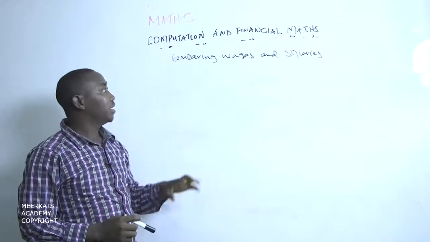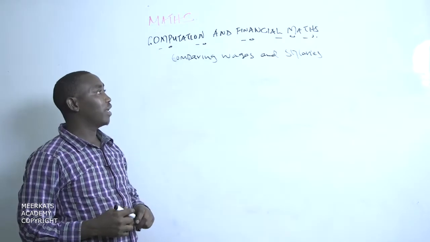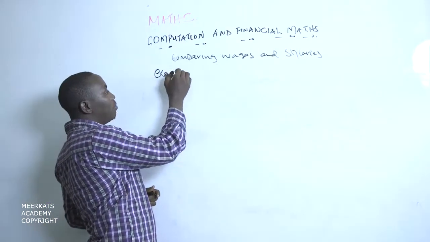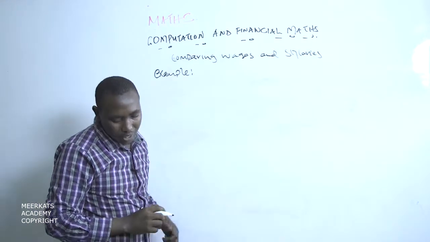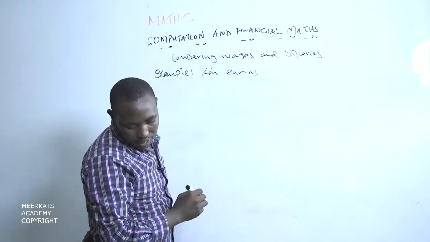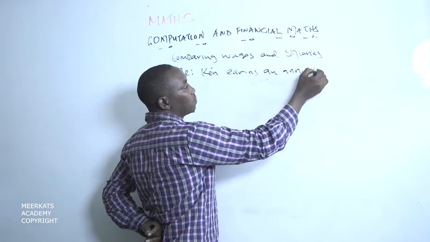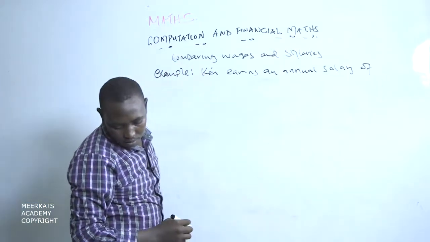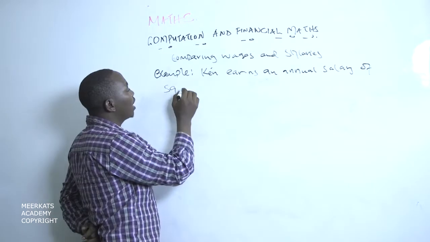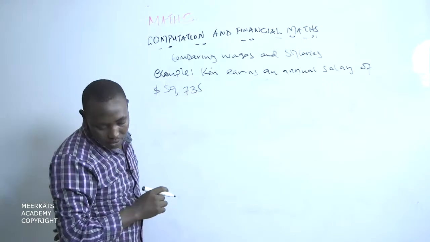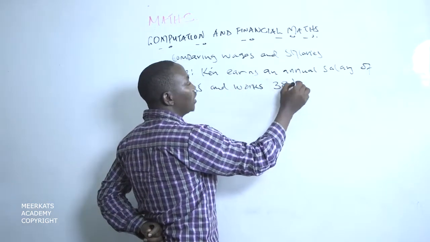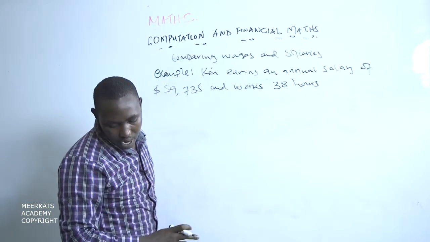As I said earlier, it is important for one to be able to compare the different types of incomes before going into a particular job. We are going to consider an example. In this example, we have a person called Ken who earns a salary of $59,735 and works 38 hours a week.